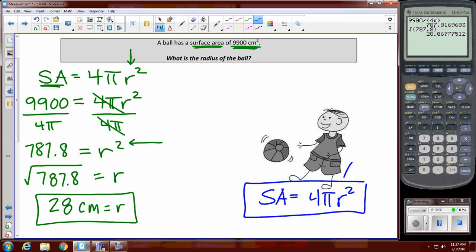If it is, we jump right into this formula and find our surface area. If it isn't giving us our radius, we have to use maybe the circumference formula to find it, or like in this last question with the child and the ball, we have to use the surface area formula to find the radius. You just have to read the question and ask, what information is it giving me, and what information is it asking me to find for a final answer?